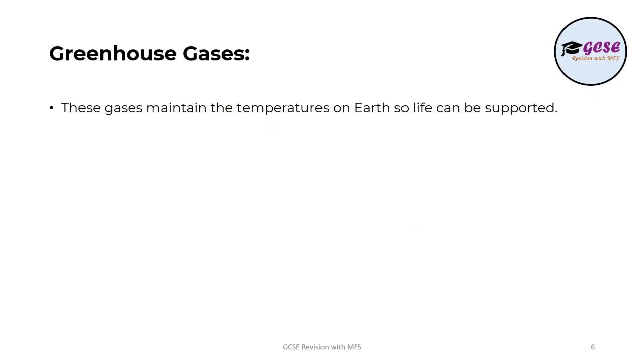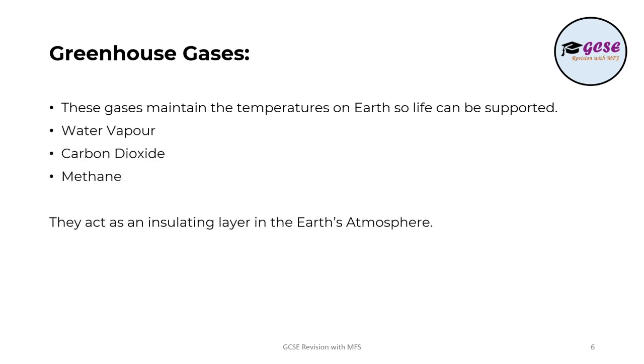We now need to look at greenhouse gases. These are the greenhouse gases you need to know. Greenhouse gases are actually important for the Earth, because they help maintain the Earth's temperature.